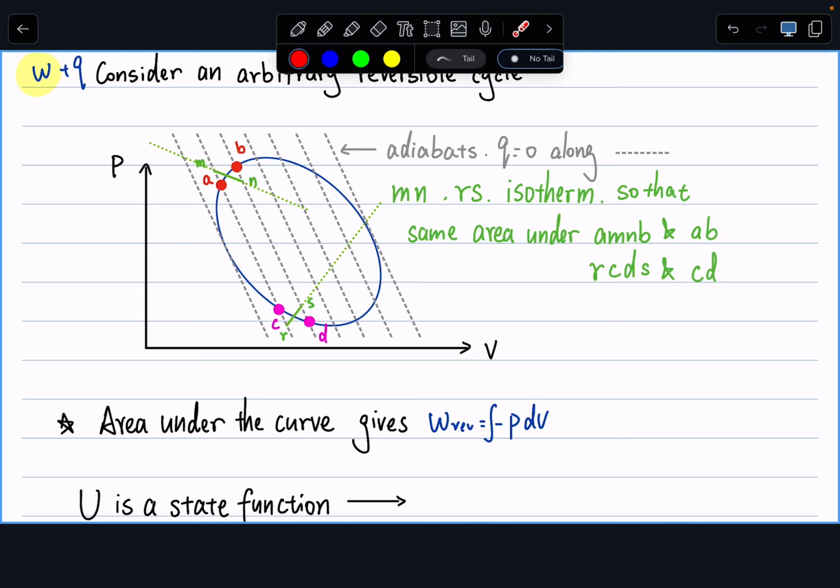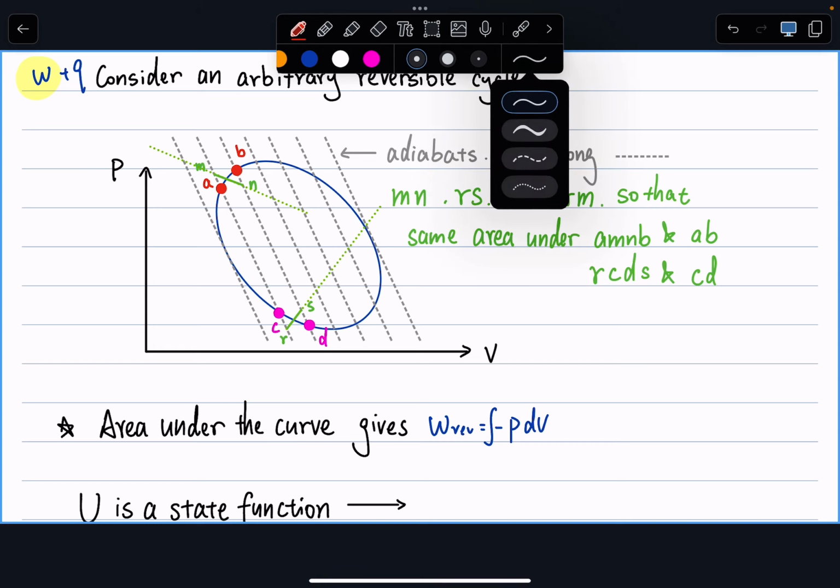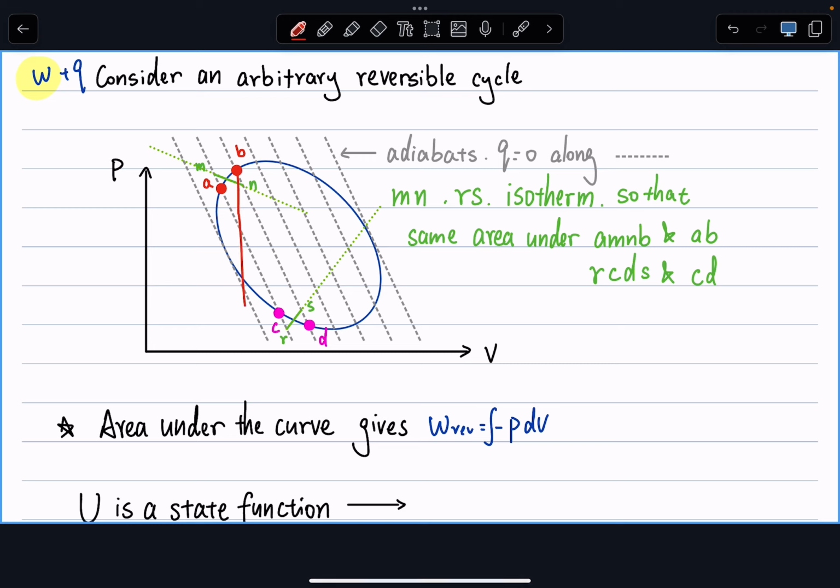So when we're finding the area below the curve, let's imagine we're looking at the area below our AB curve, and also the area below my MN curve.